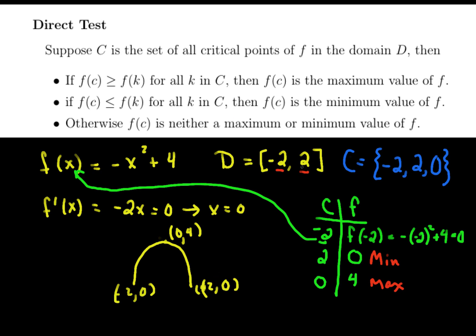So with the direct test, we didn't have to graph it. We didn't have to know really anything about the function. We just had to know what the critical points are for it. And the critical points are either when the derivative is 0, when the derivative doesn't exist, or the endpoints.